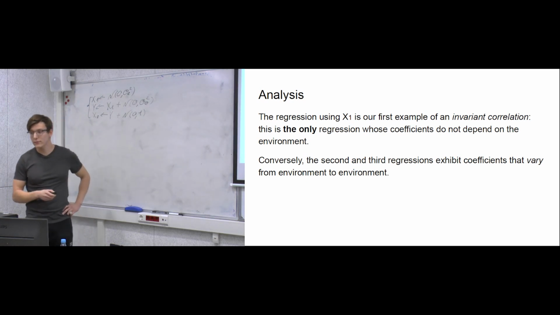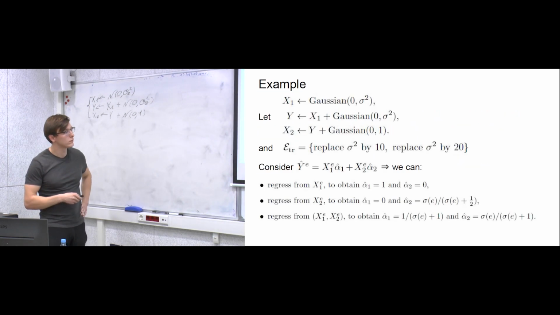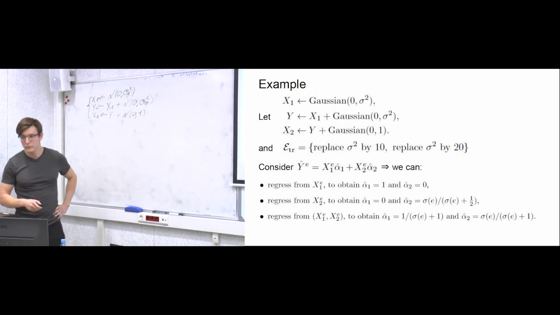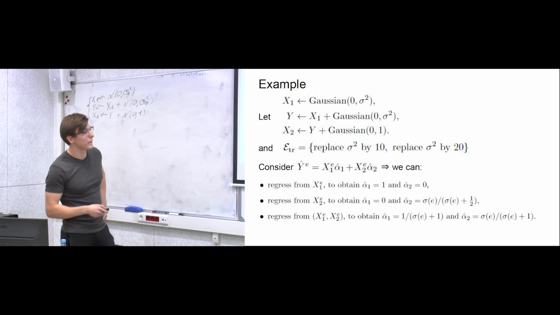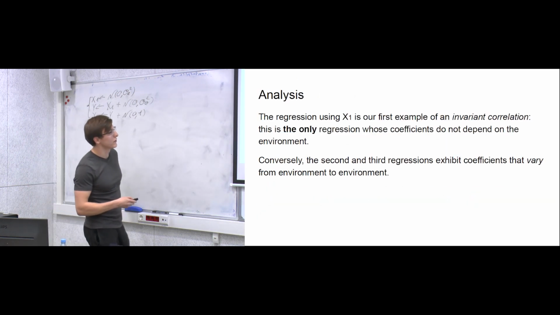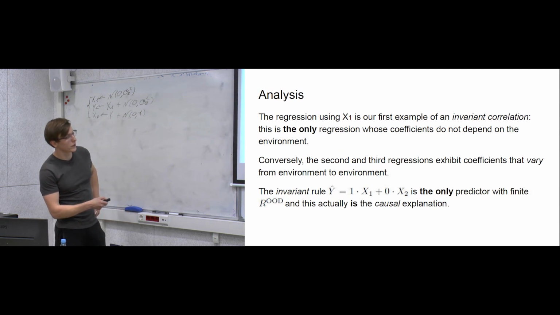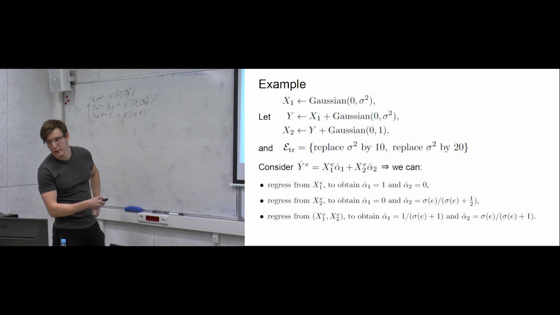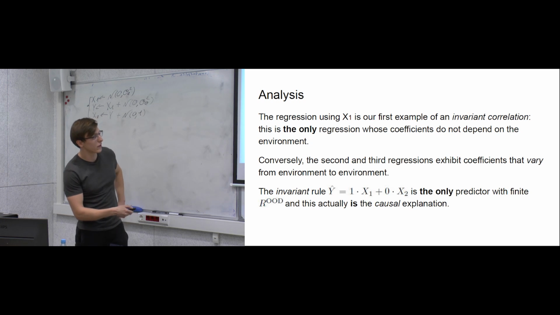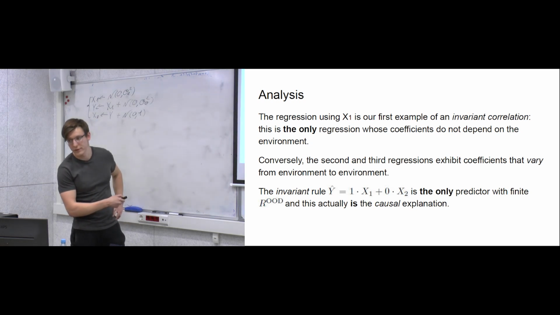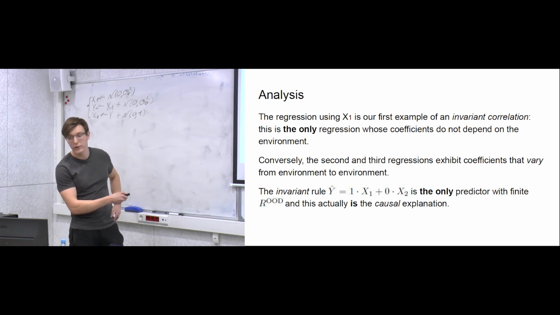Yes? I haven't actually got why regressing from x2 is bad. Well, it's bad, and we'll see it in this statement, because the first regression, this one, from x1, the true causal variable, is the only regressor that has finite out-of-distribution risk, that is, the maximum empirical risk across all environments.